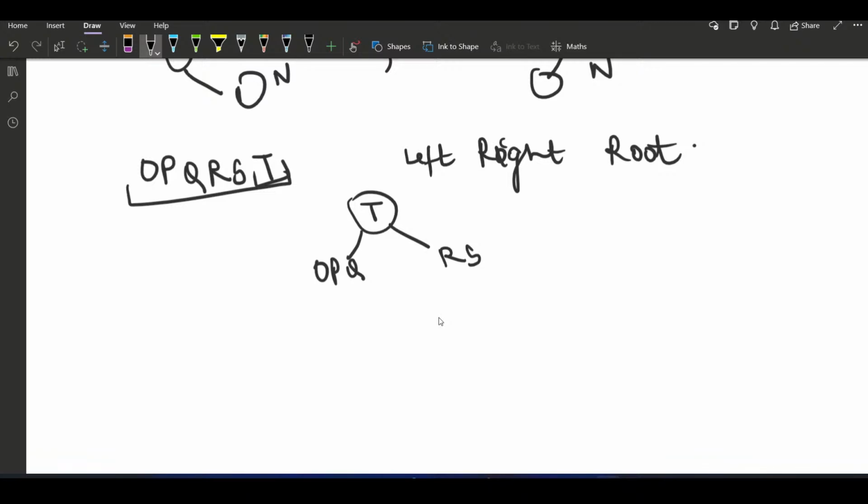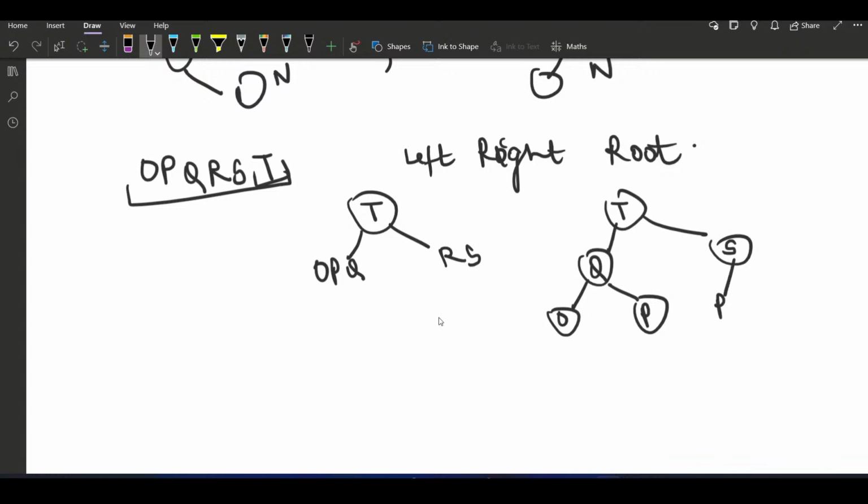So considering the same example, let me draw it again. So T here will be the root, now Q will be the root of the left subtree, and O and P will be its left and right children. Now we'll be doing the same for this. So here S will be the root, and R will be in the left or right subtree. It can be anywhere. So considering this as the binary tree, let me write its pre-order traversal.